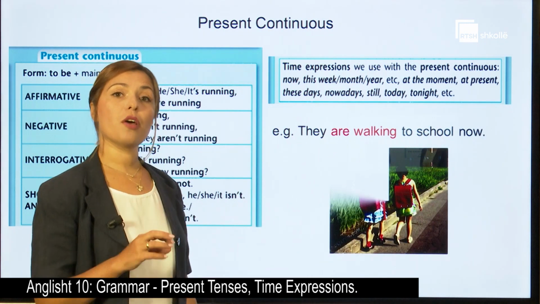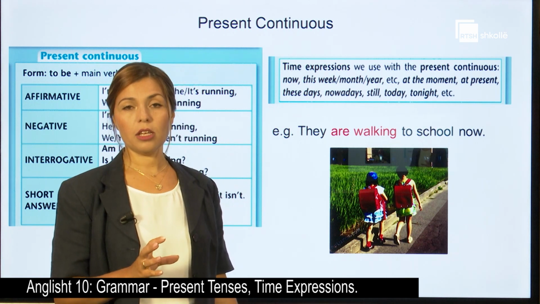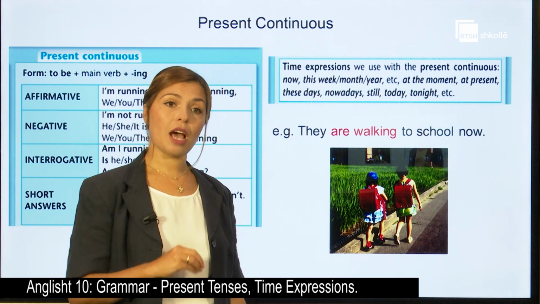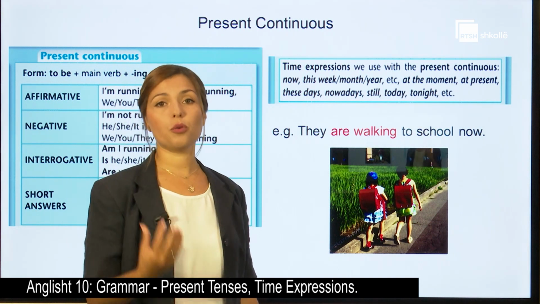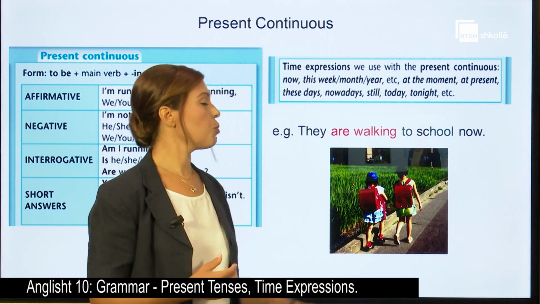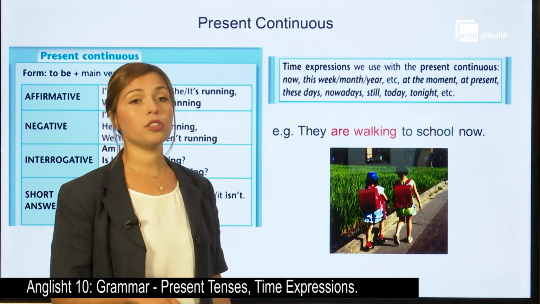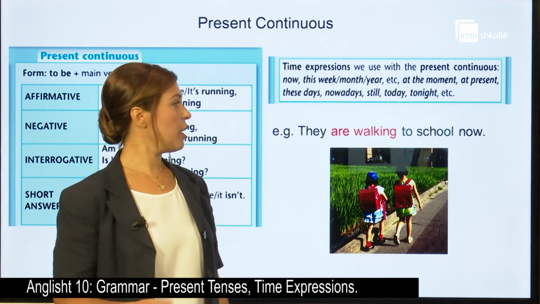We said that present continuous is that tense we use especially to talk about things either happening now at the time of speaking or that have been already arranged. There are some other uses that we're going to see. So now, this week, this month, this year, nowadays, this afternoon, this Monday.